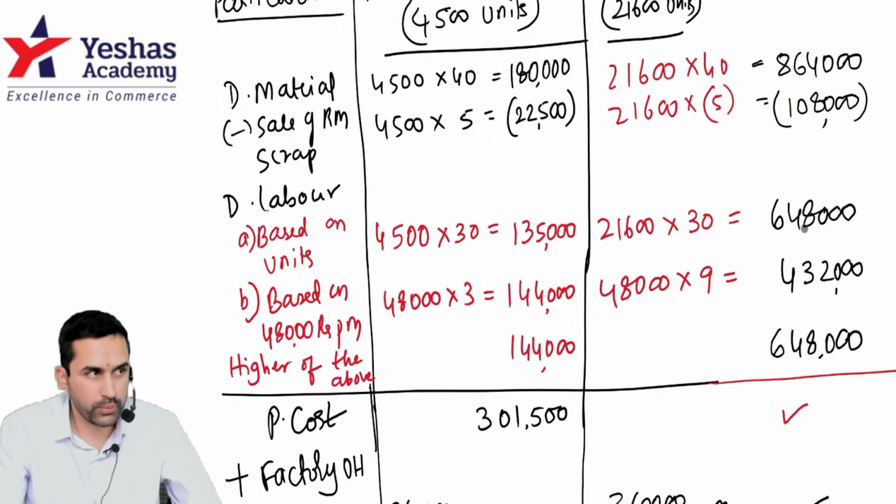I want few more students to recheck this labor numbers. Is it 648,000 and 432,000? Now we have to pay 648 only. That's why it's called guaranteed minimum wage. It can't be below that, but it can be above that. It's not guaranteed maximum wage.